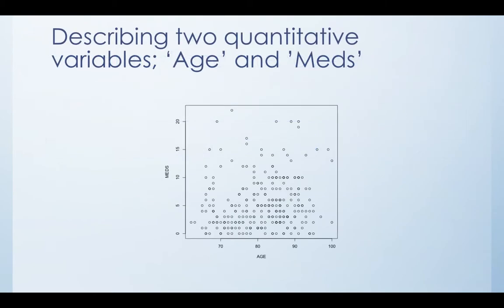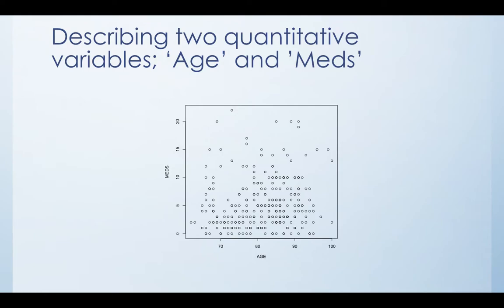Let's shift now into describing two quantitative variables. Another quantitative variable that was collected is the number of medications taken per day. So we might want to see if there's a relationship between age and the number of medications. So when I look at a scatter plot, which is presented here, if there's a relationship between the two, the points will be clustered either along a line rising to the right or a line falling to the right.